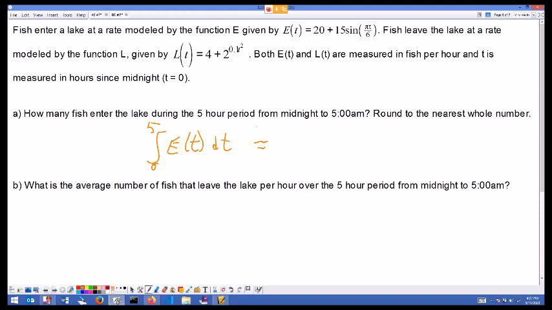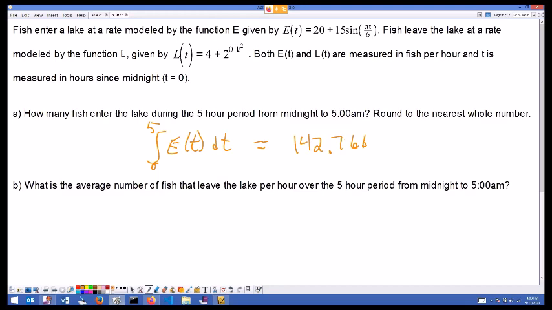So for those of you wanting to know what the actual value there is, it comes out to be 142.766, I believe. Is that what you guys got? Unless I typed it in wrong. 20 plus 12.